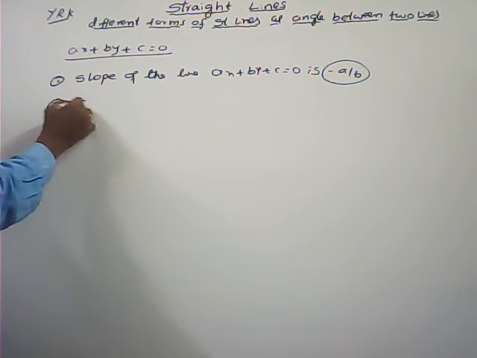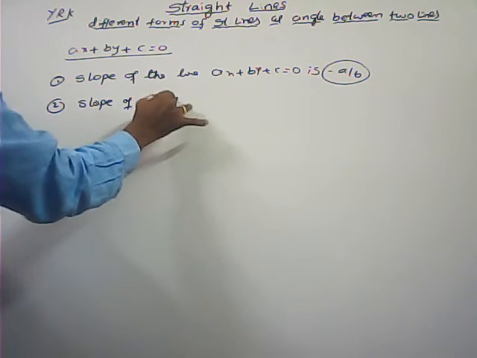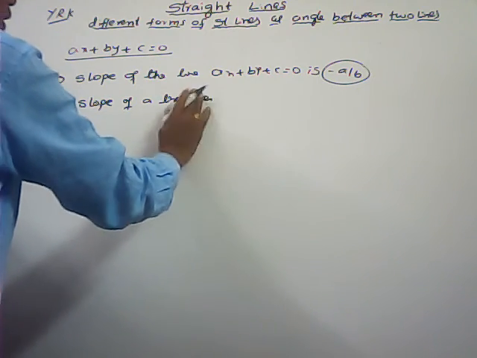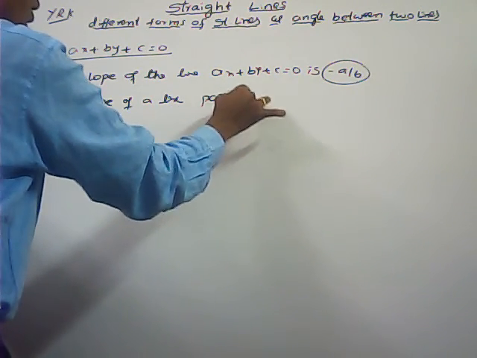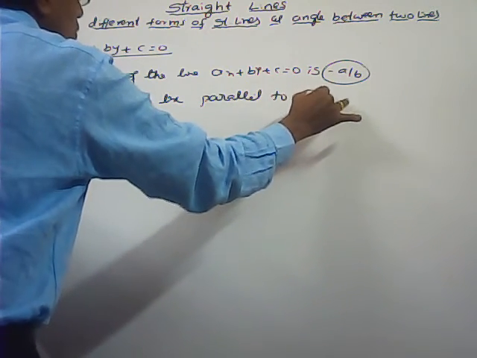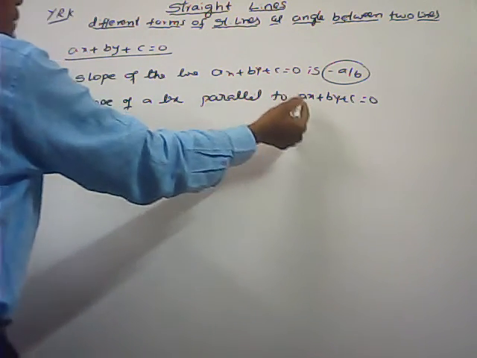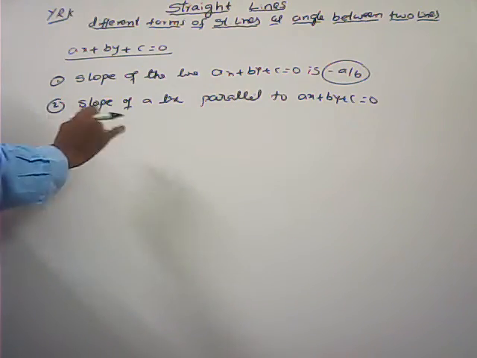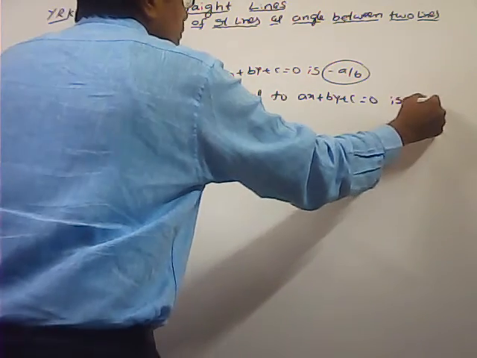Second point, the slope of a line parallel to ax plus by plus c equals 0. We proved that also: if two lines are parallel, their slopes are equal. What is the slope of this one? Minus a by b. So the slope of a line parallel to that one is also minus a by b.